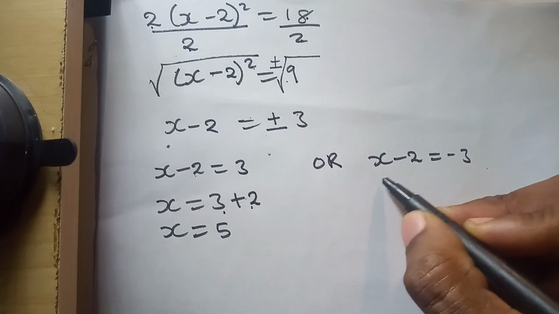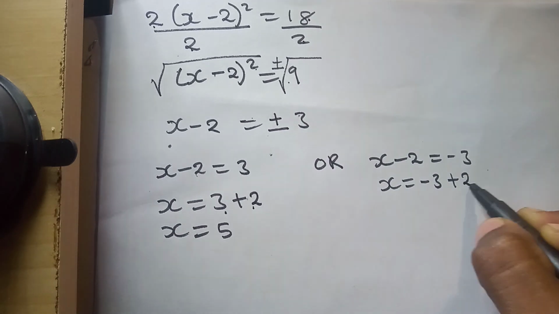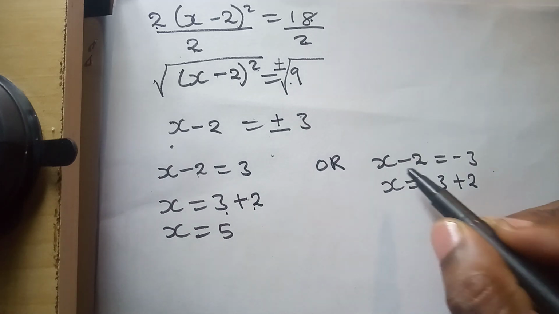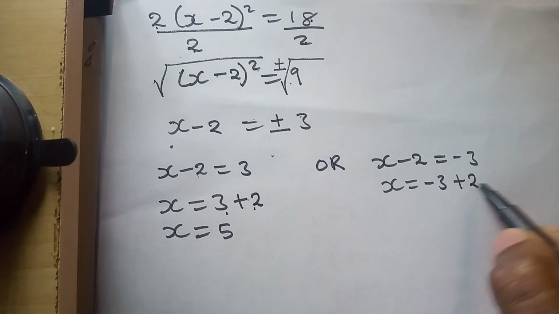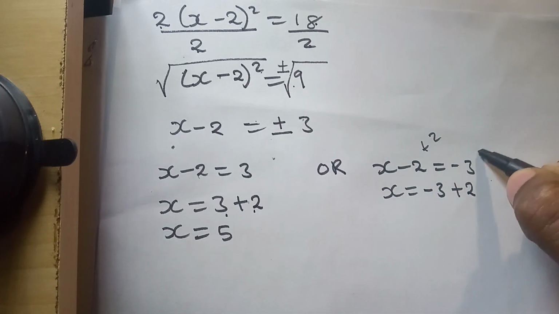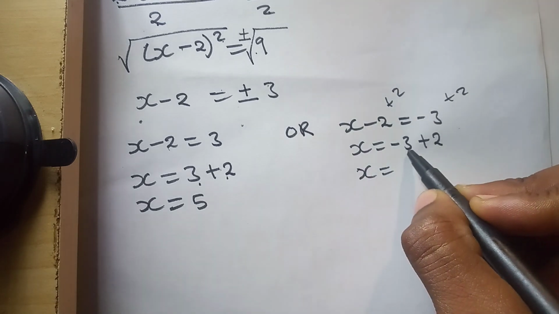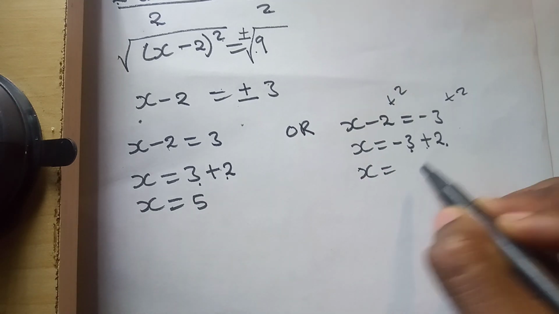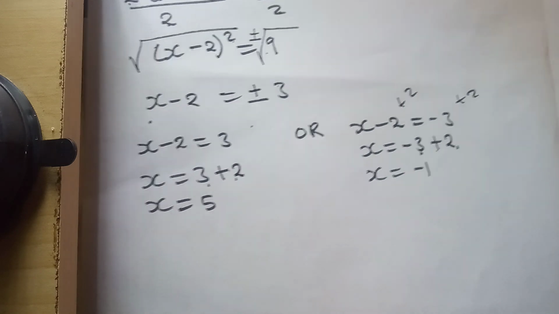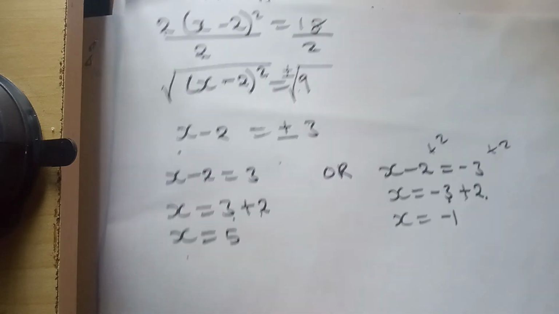And then this side you have x is equal to negative 3 plus 2. When the negative 2 goes to the other side, you have a positive 2. In short, we are just adding a 2 to both sides. And then negative 3 plus 2 is negative 1. So that means either x is 5 or x is negative 1.